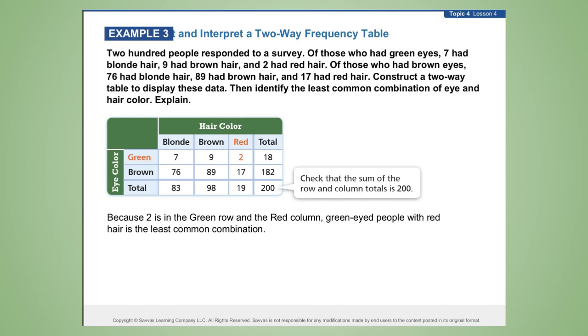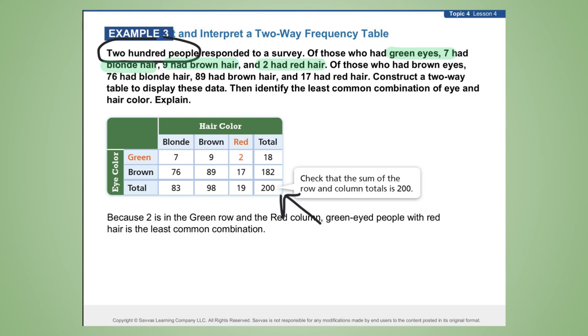This is example 3 on page 241. It says 200 people. Notice, bam, that's where the total goes, responded to a survey. Of those who had green eyes, 7 had blonde hair, 9 had brown hair, and 2 had red hair.